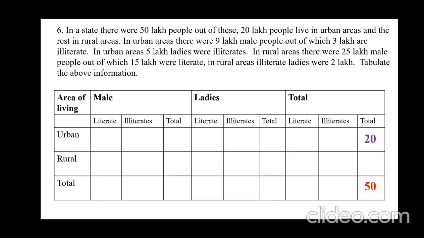Later we'll see. In urban areas there were 9 lakh male people. Out of which 3 lakh are illiterate. In urban areas 5 lakh illiterates. In rural there were 25 lakh male people.